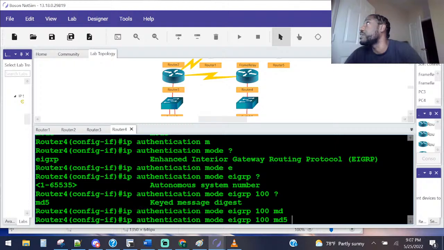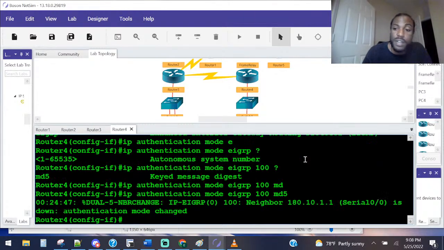IP authentication. Yep. Mode, and then the AS number, and then MD5. Yes. Okay. I think that's what I had to have done too. So we had to do both, I believe. I just can't remember. I haven't done the keychain stuff in a while.